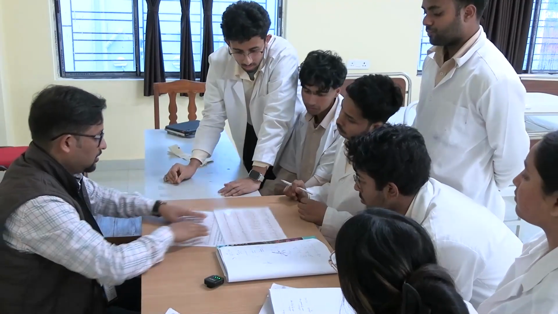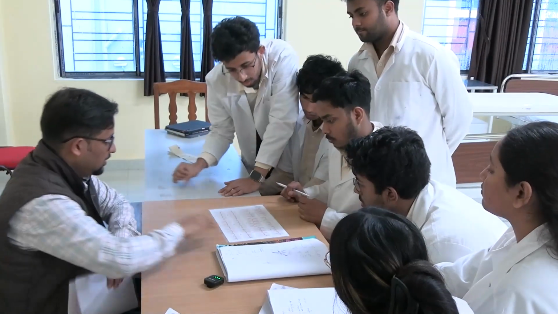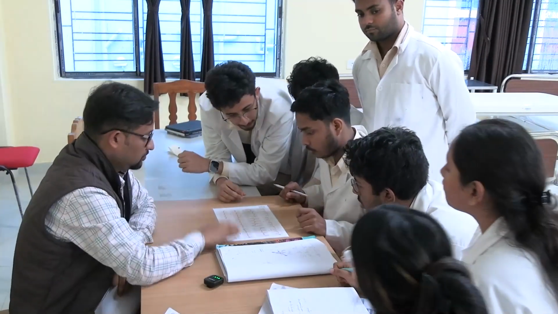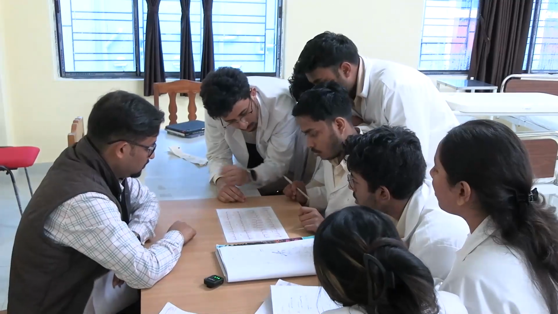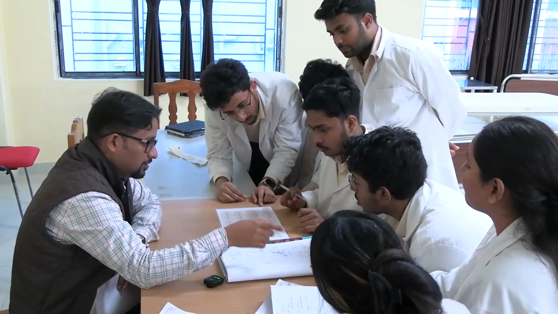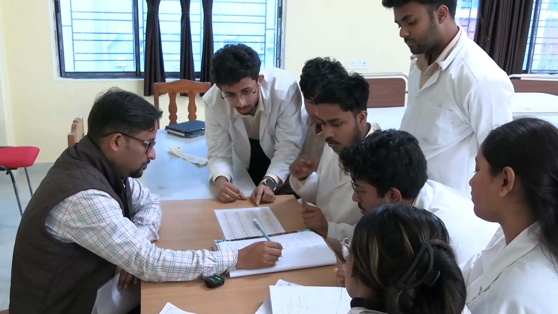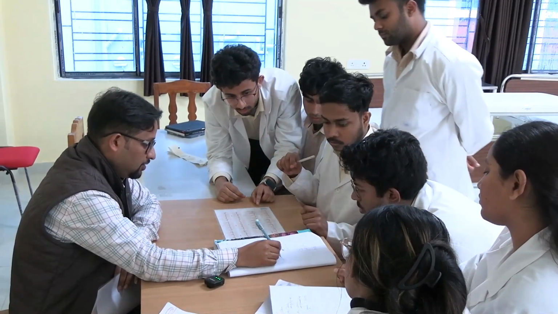Okay, the next one is this. This is showing some ischemic changes. What is the sequence of ischemic changes? The first change that you see in MI is tall T wave.